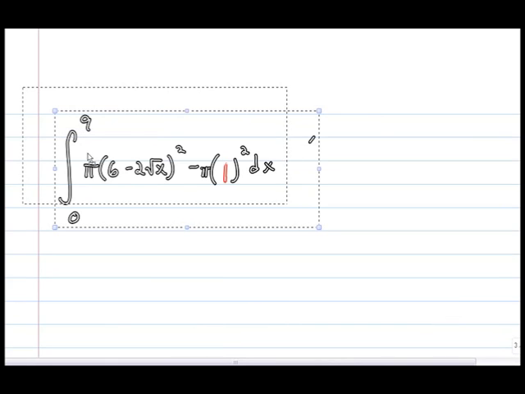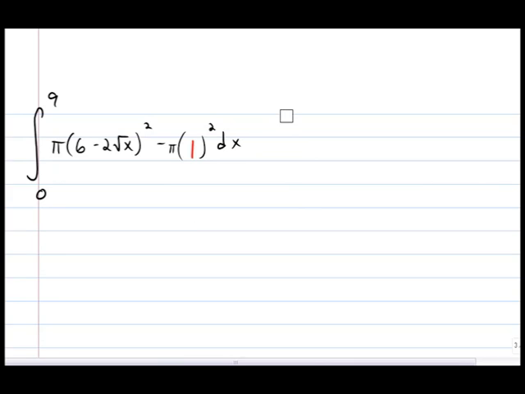So let's go down, make some room. We'll algebraically kind of split this thing apart. First thing I see is that both of those have pi in it. I'm just going to take the pi out, put it out front. I still got my 0 to 9. I've got my 6 minus 2 square root x squared.